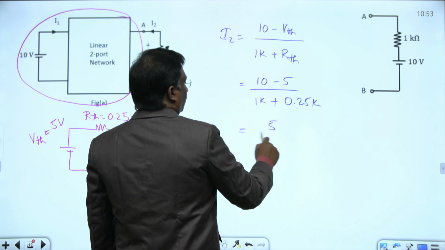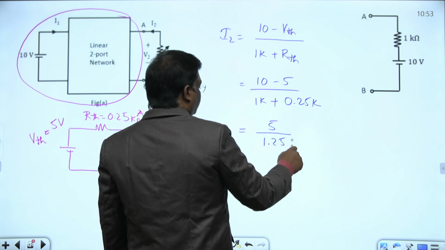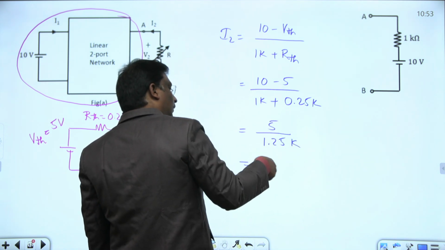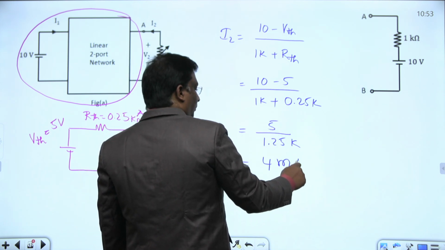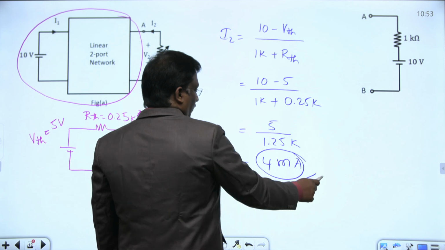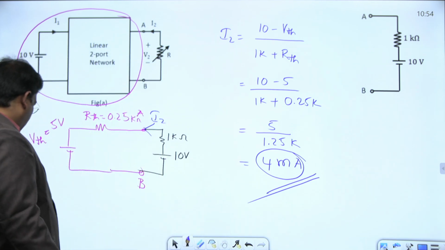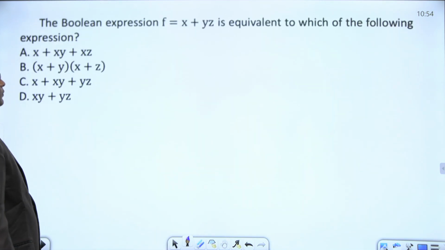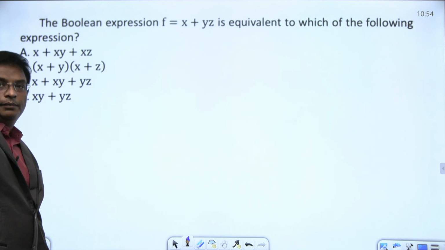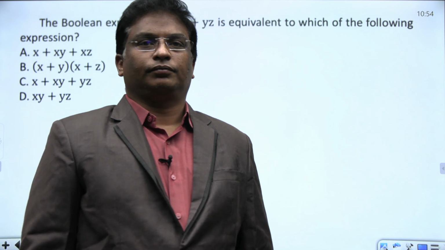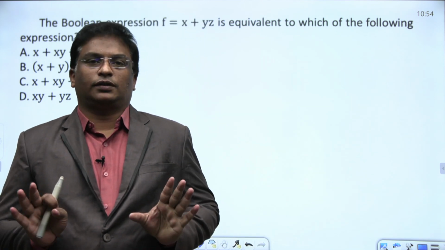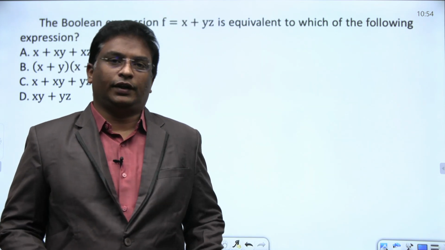This is 5 by 1.25 kilo, or 4 times, and kilo in the denominator goes to the numerator and becomes milli. That's the answer: 4 milliamperes. These are the questions asked from network theory. Simple questions, with basic knowledge we can solve everything.